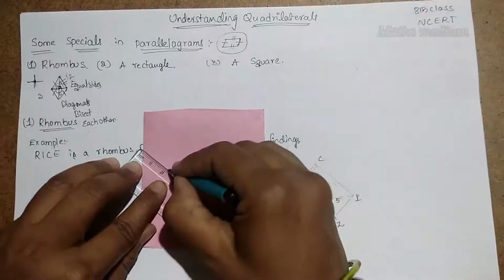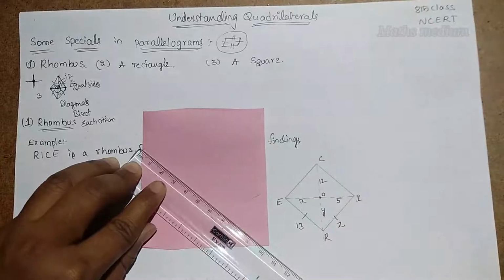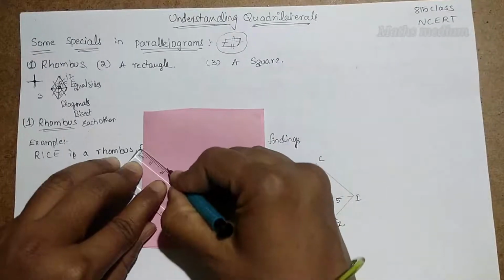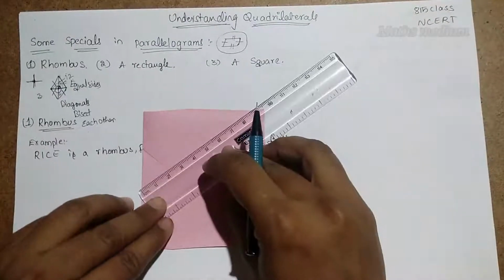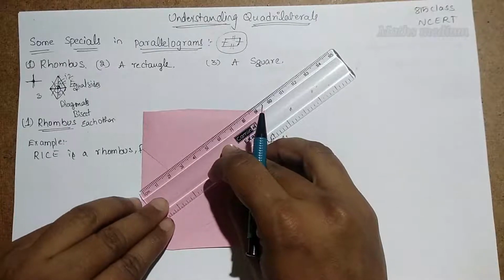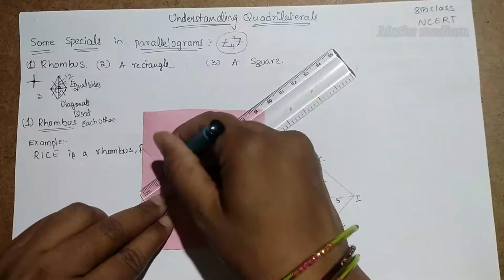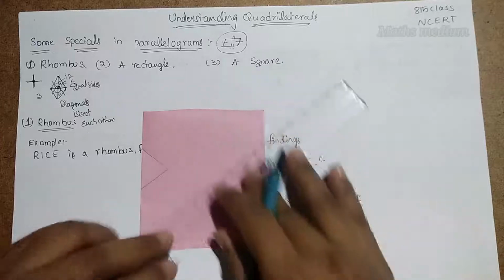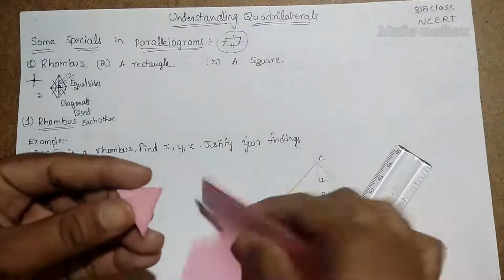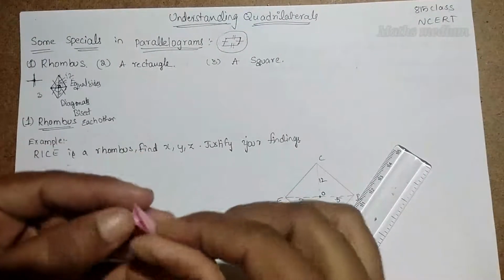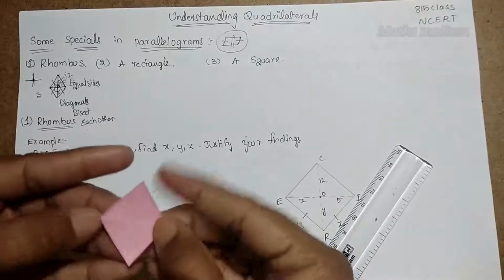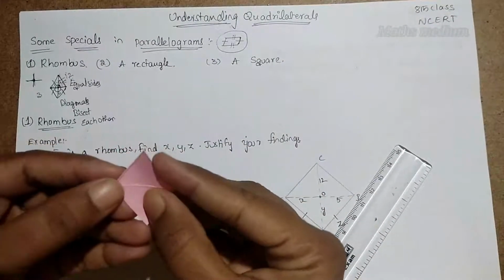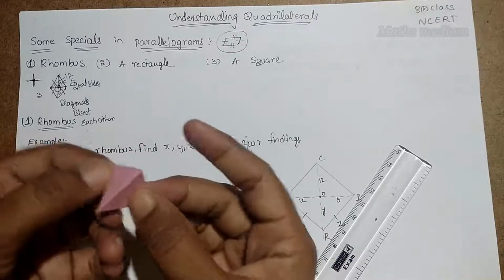Let's take 2 centimeters, and take here also exactly 2 centimeters. If you cut, see here we get a rhombus. This is one diagonal.